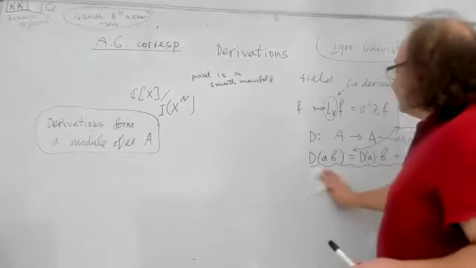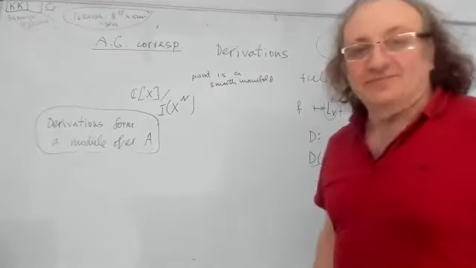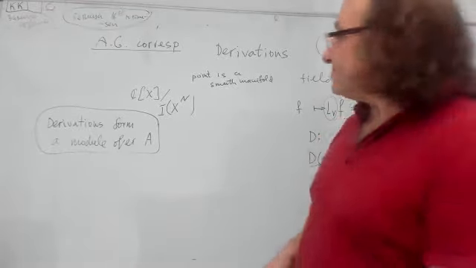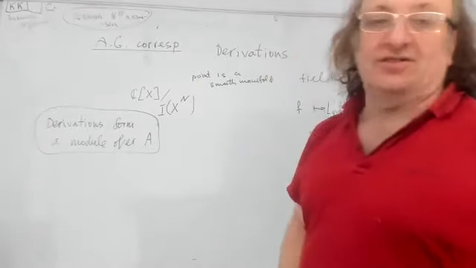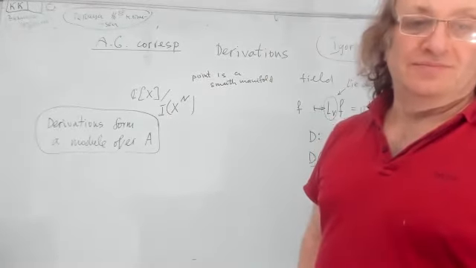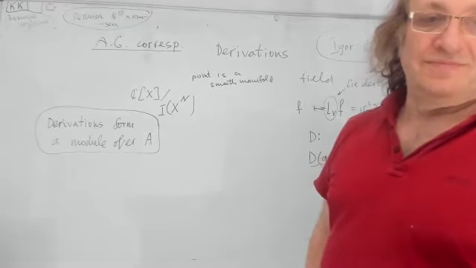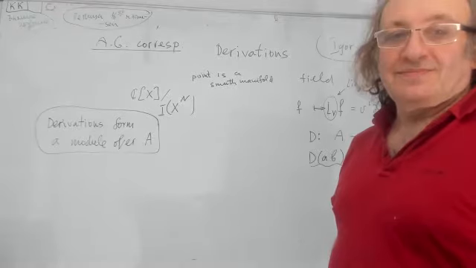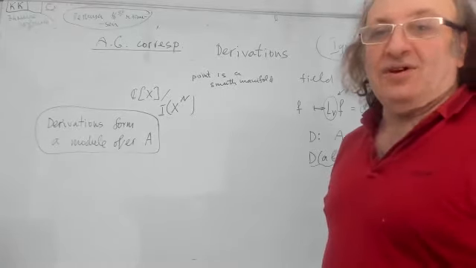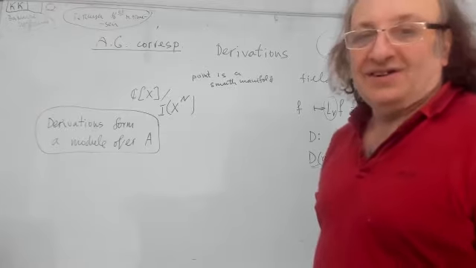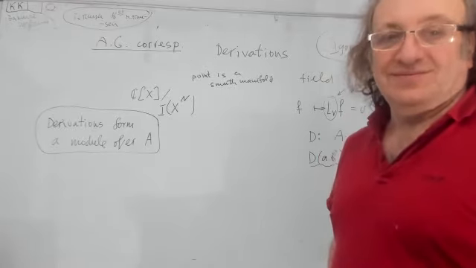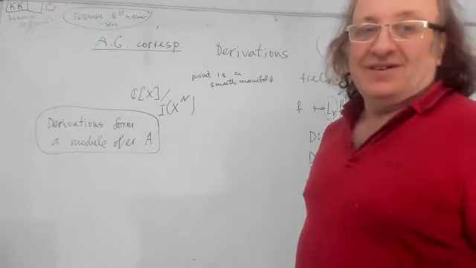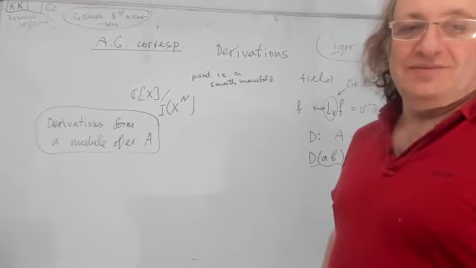So after this, let me ask, could you guess what are derivations of this scheme? I want you to give a wild guess, just to check your intuition. It could be wrong, but the first thing that comes to your mind.